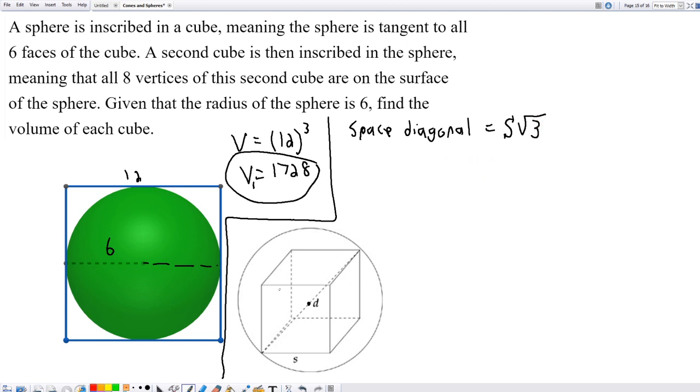Now, in this case, we know that the space diagonal has a length of 12, since it's the diameter of the sphere. So 12 is equal to the side length times the square root of 3. So let's divide by the square root of 3 on both sides.